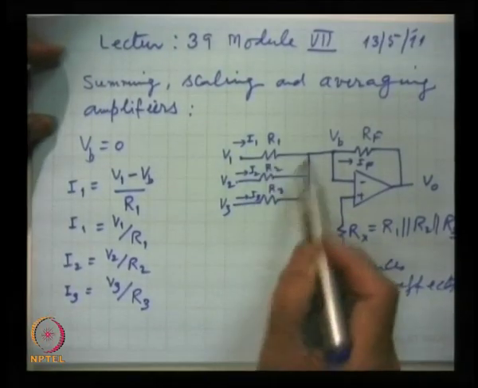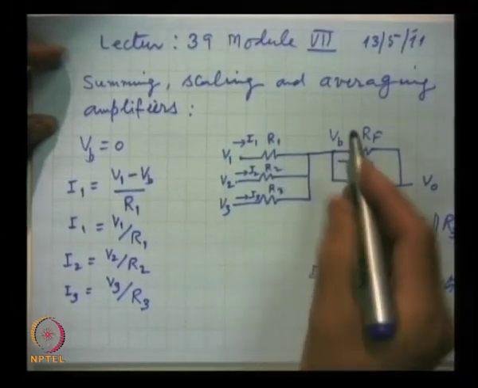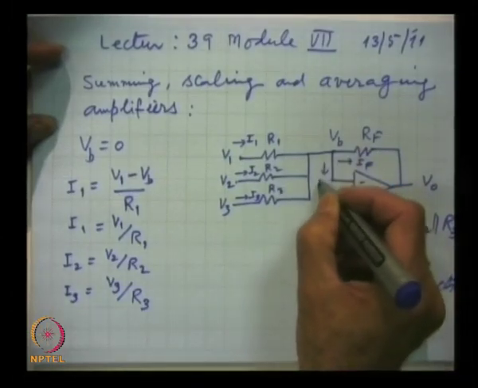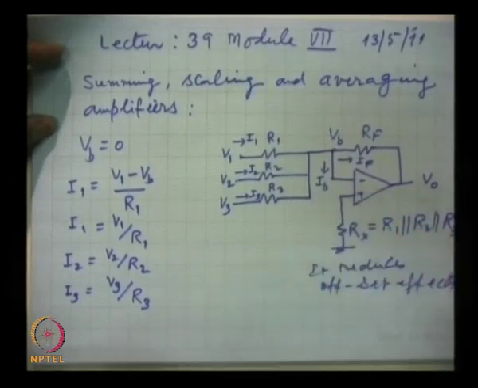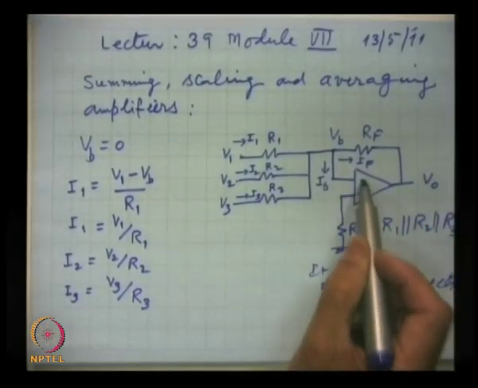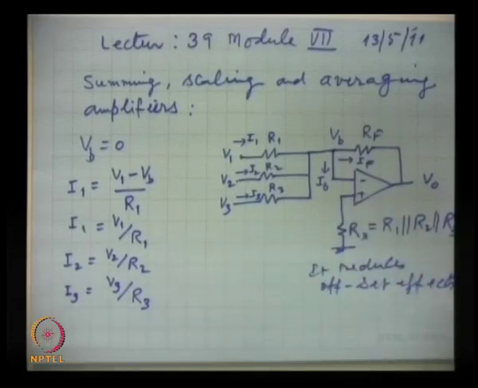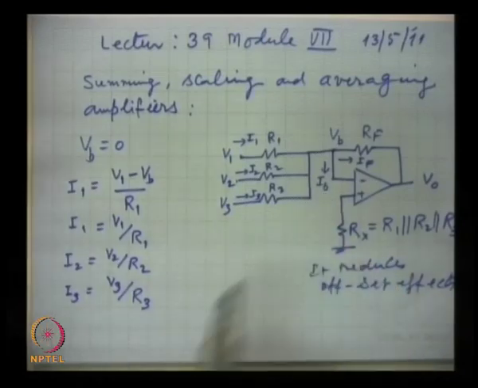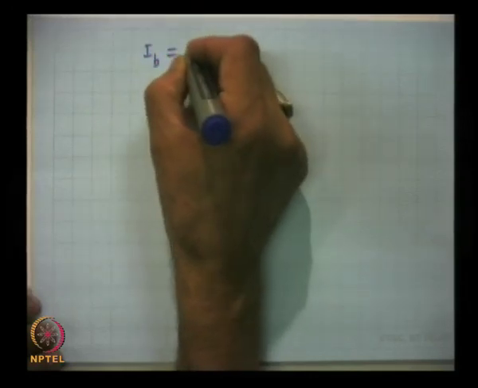Now, these three currents are flowing. There will be a current here, IB, but as we are seeing, because the input impedance of the amplifier is extremely high, this IB can be taken as 0. IB is equal to 0.